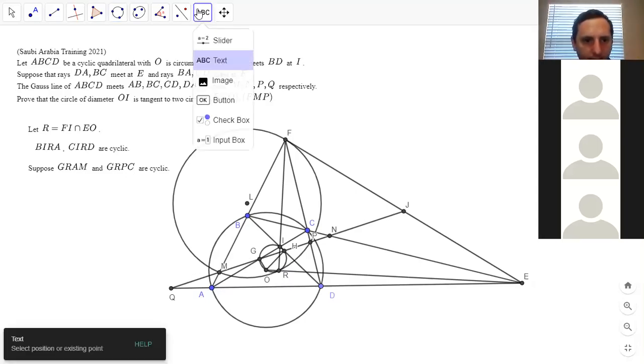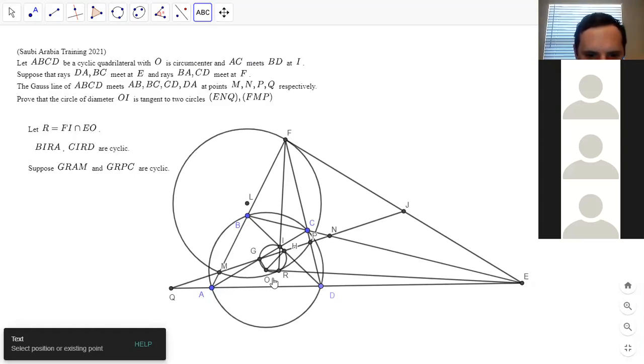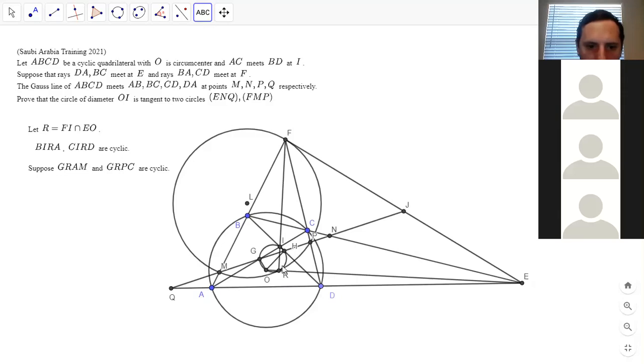Because then we'd have angle RMP is RMG, which would be RAG. Well, actually, I'm not sure now. Yeah, and we can prove that, no, actually we can use power of a point. I think IA times IC is, wait, no, I'm wrong.